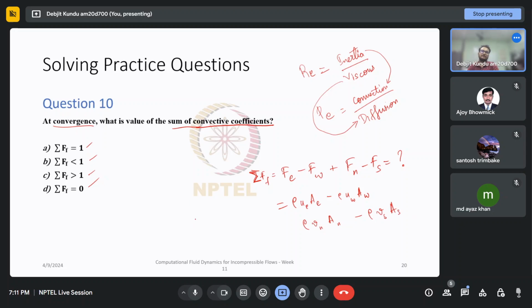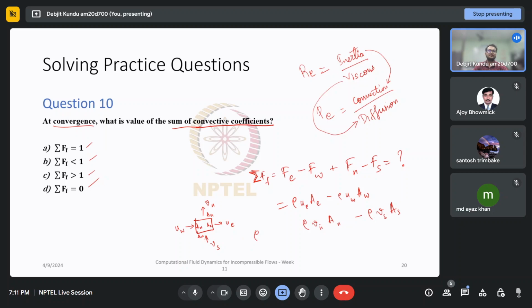So if this is our control volume, and this is UW, this is UE, this is Vn, this velocity is Vs, and the areas are AE, AW, AN, and AS. And rho is the density of the fluid.